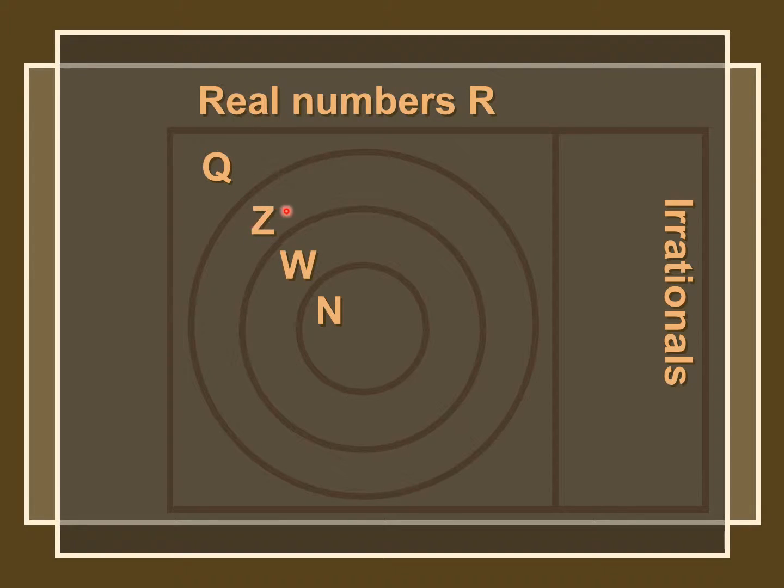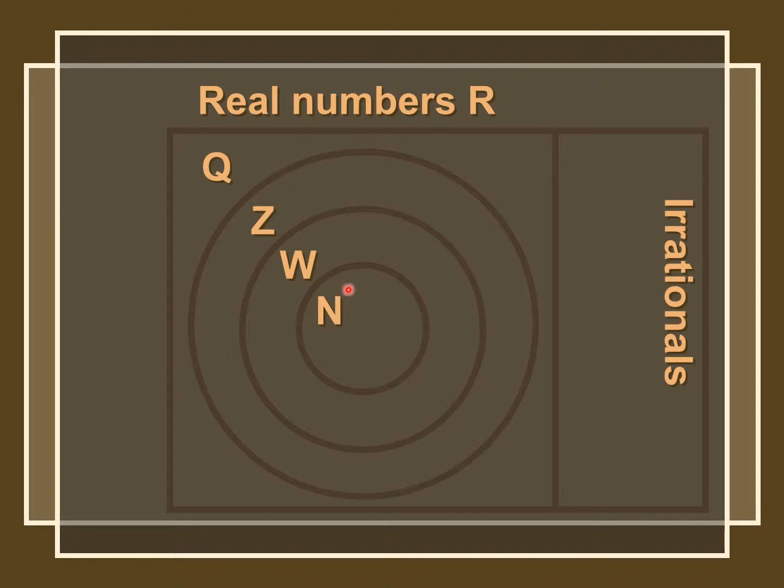The next subset that we have is the set of whole numbers. So the whole numbers is going to be 0 and then all of your counting numbers. So 0, 1, 2, 3, 4, 5, 6, 7, on and on and on. So the whole numbers are a subset of the integers because they make up part of the integers. And then that means that they're a subset of the rationals, which are a subset of real numbers.